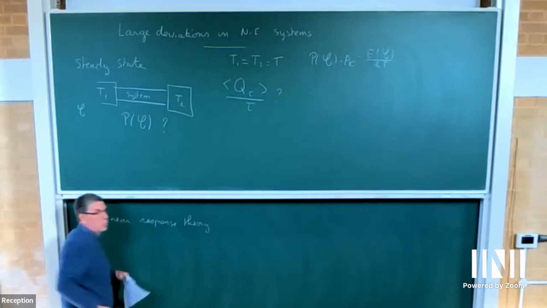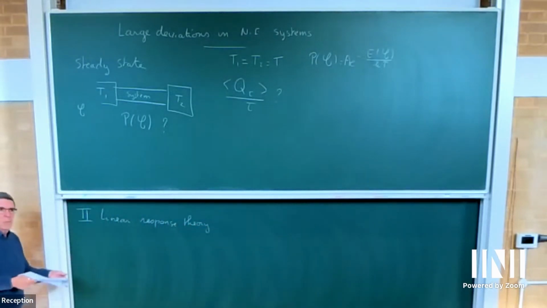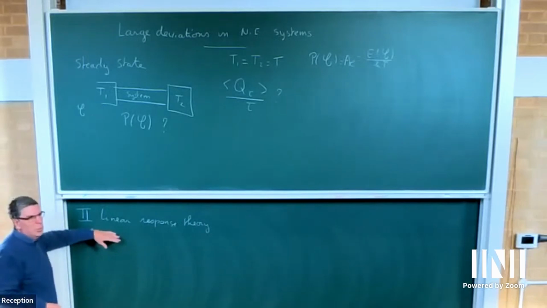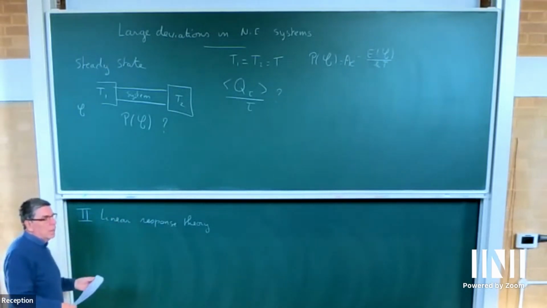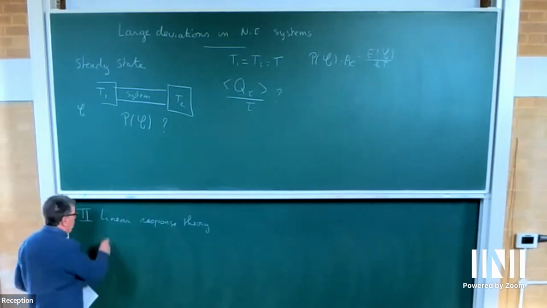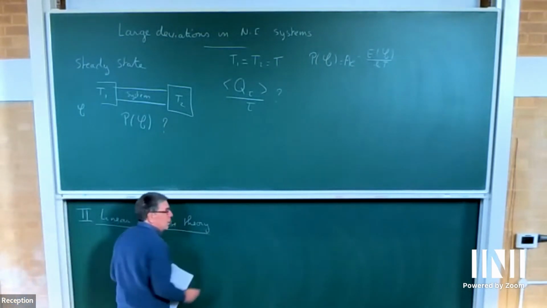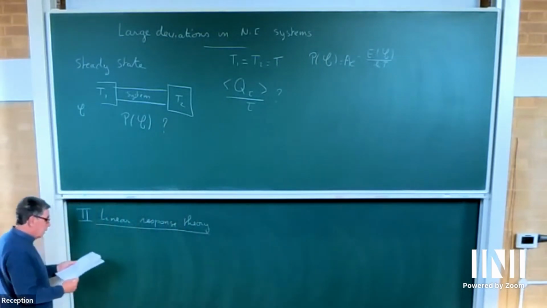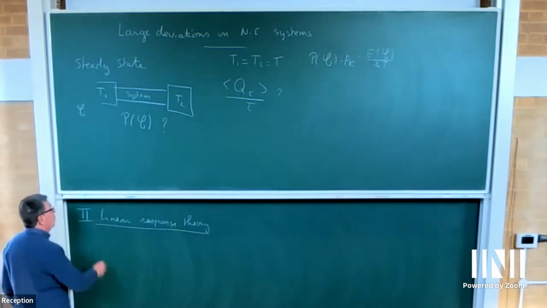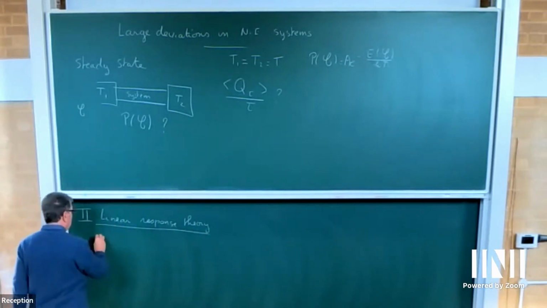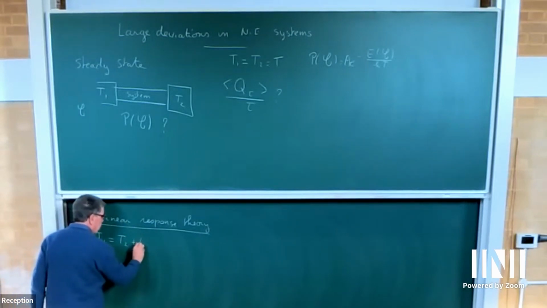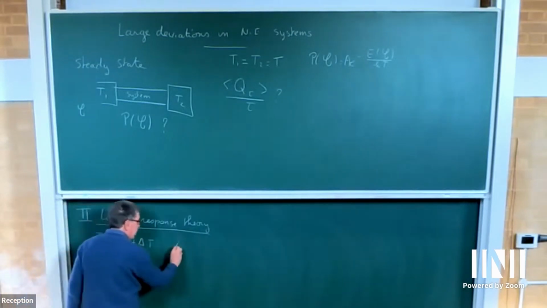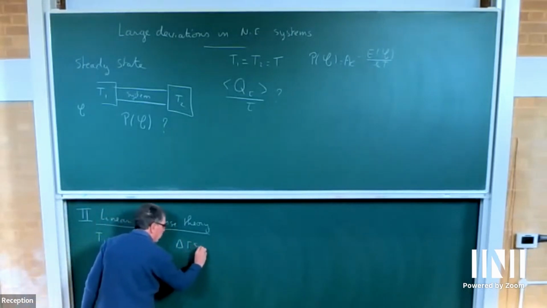I can do the derivation, but it will take too much time. So let me just say what linear response theory says. Imagine that I am close to equilibrium, so T1 is T2 plus delta T, where delta T is very small.